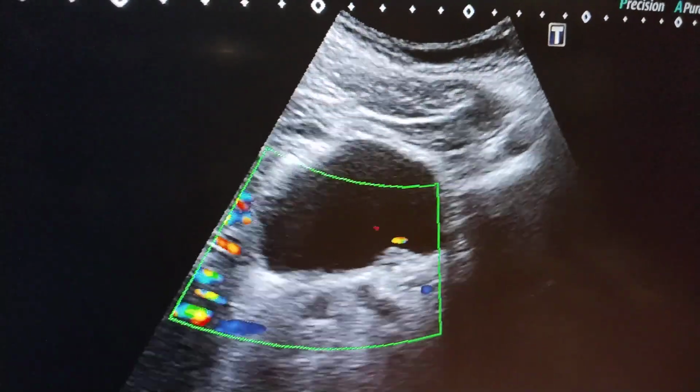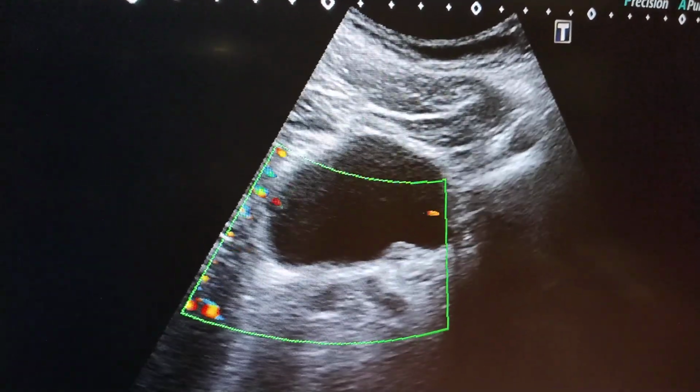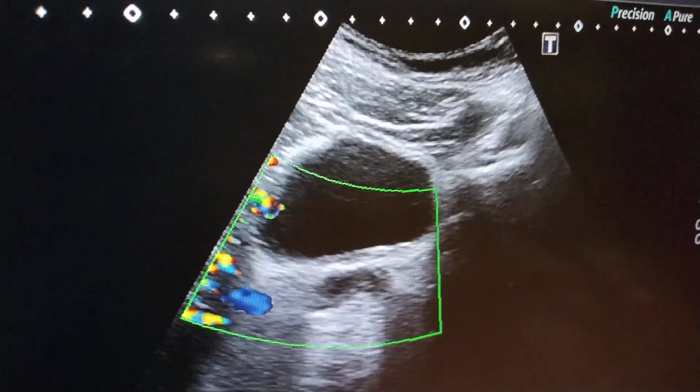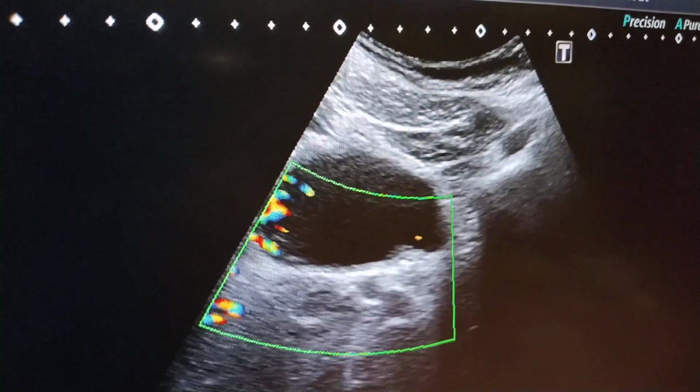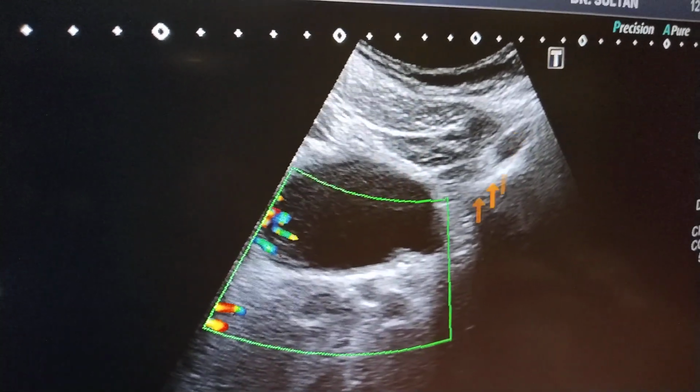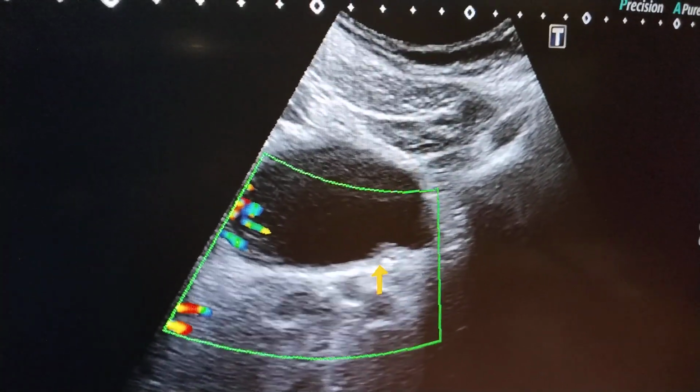Look here, the ureteric jet. Again we can see this is the stone.